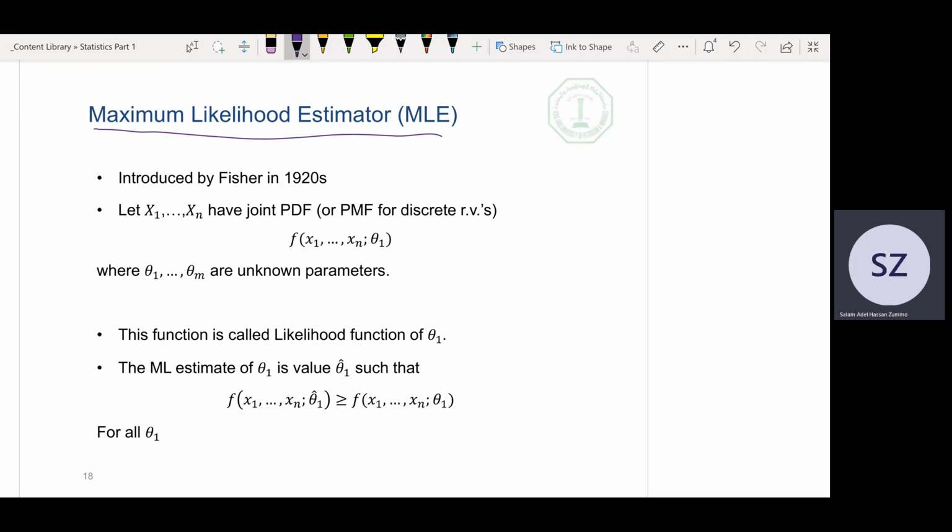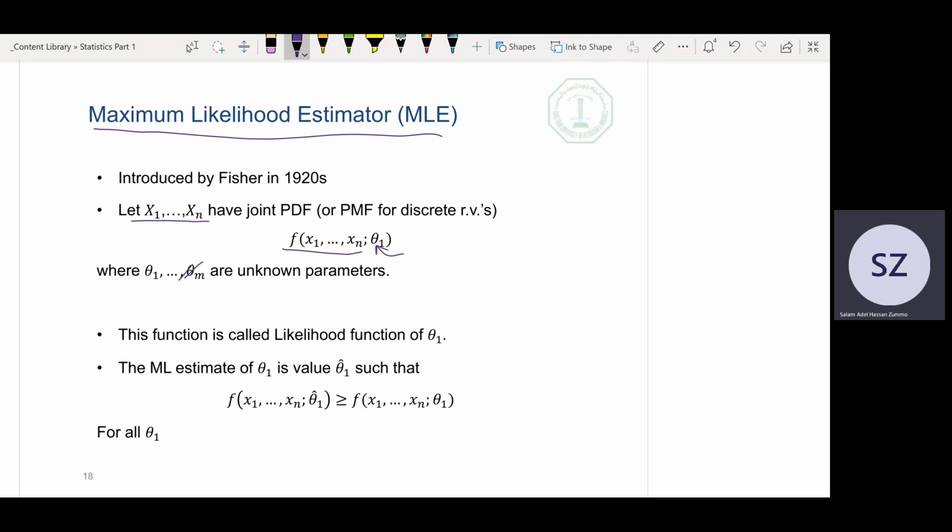MLE. This method is very systematic. We assume that we have certain observations that are IID, meaning identically distributed and independent, and they have a joint PDF, which is given by this, and we have a parameter to be estimated.